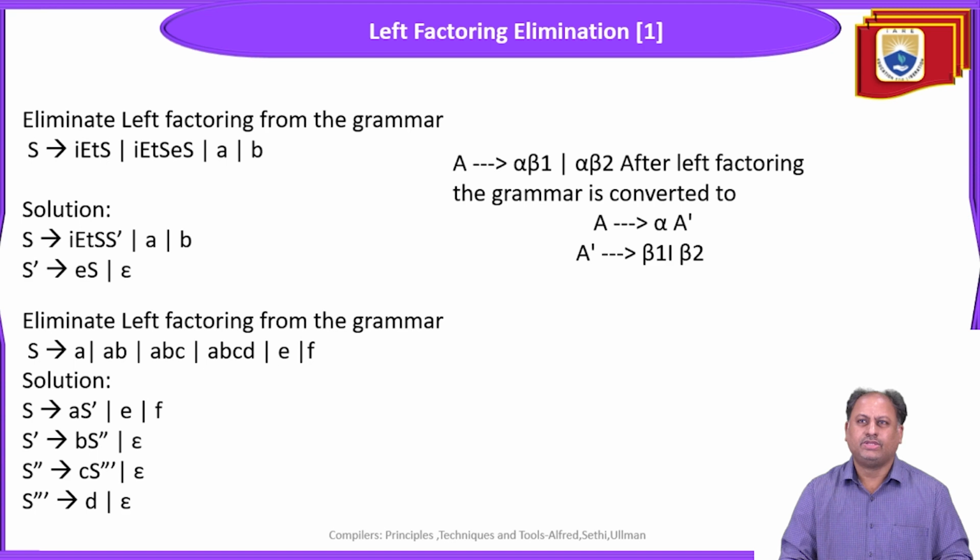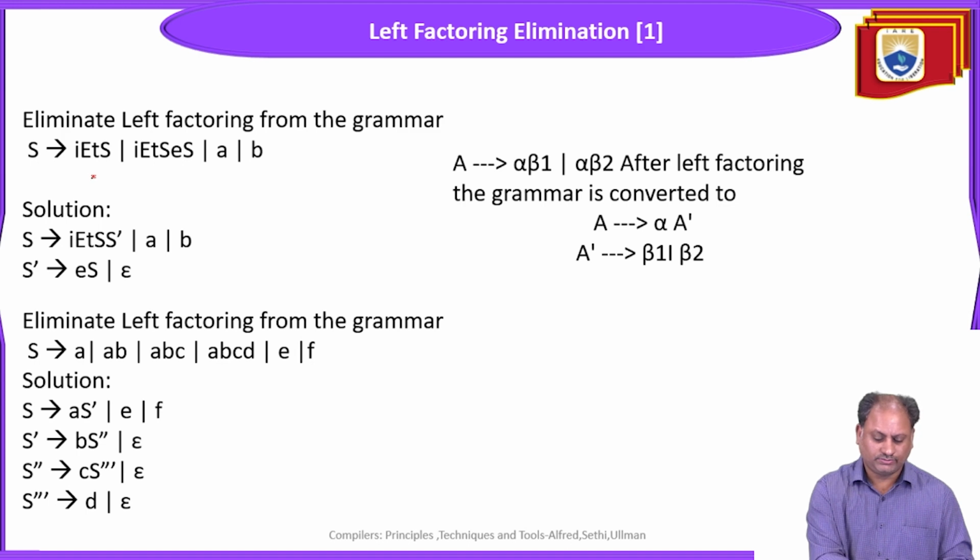another example which contains this left factoring notation, such as S derives. See here in this example, whether it exists or not can be verified by S derives small i, capital E, small t, S. So this is to be considered as alpha, beta 1.